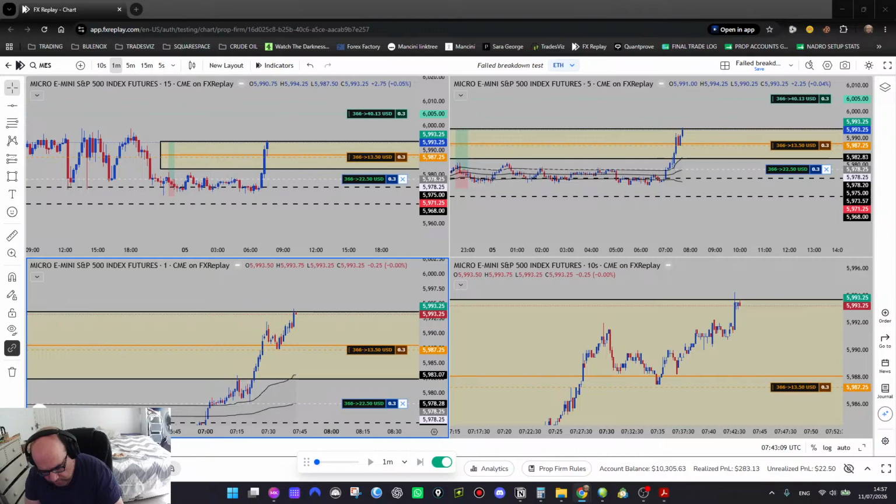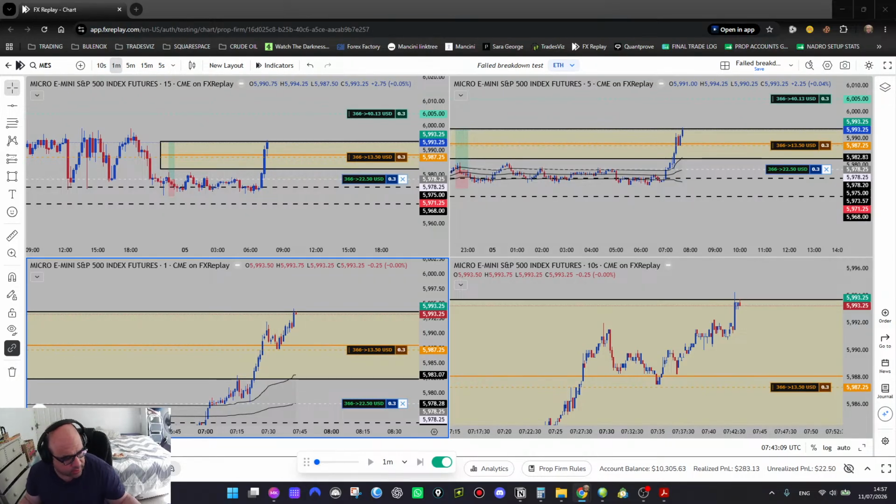So we have TP2 hit, leaving runner for swing highs, sweep, continuation.